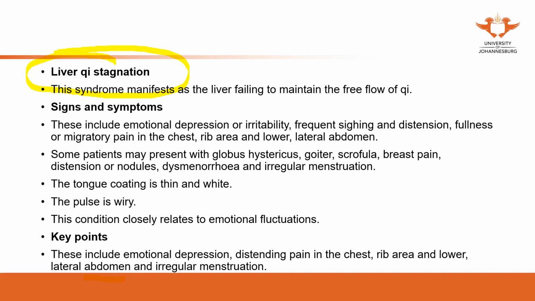So this emotional problem does not have to be depression, it can be stress. It can result in liver qi stagnation. That's why the lady develops infertility. That's from the liver qi stagnation. In this kind of situation, we're going to use treatment to regulate the qi movement.